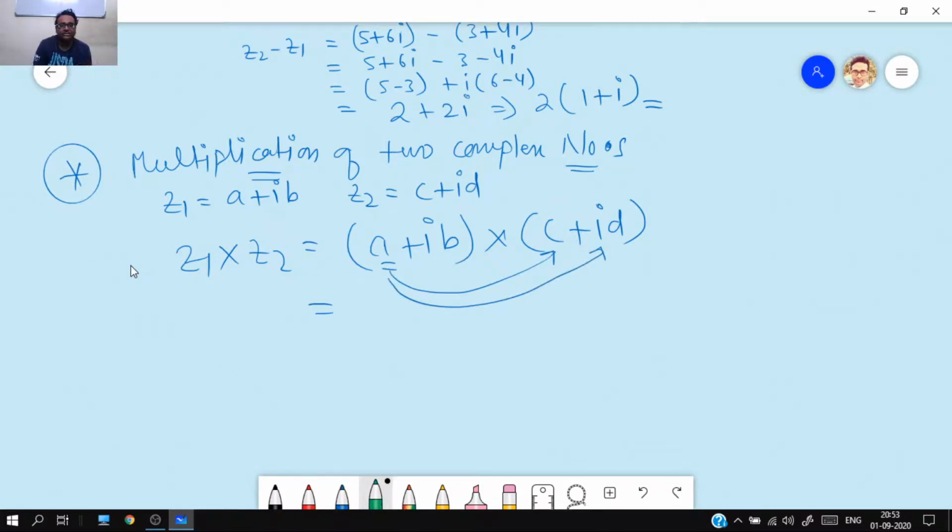Then we will take ib, multiply it with c, and then multiply it with id.